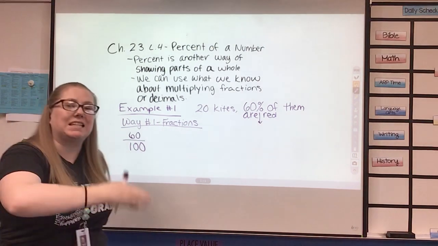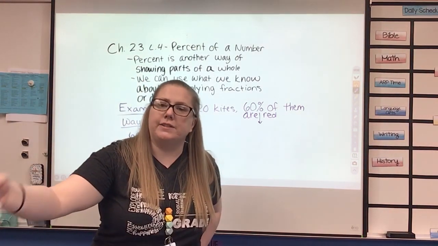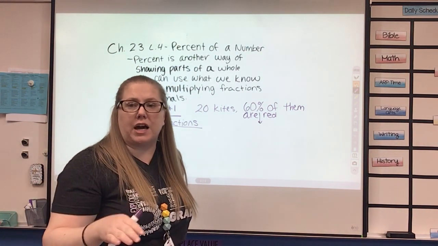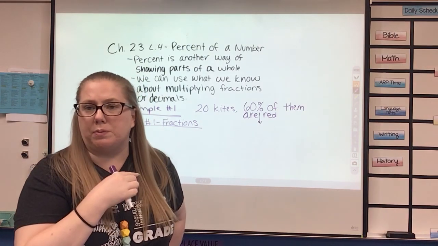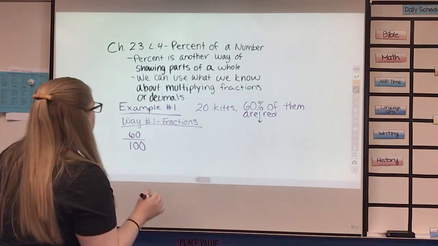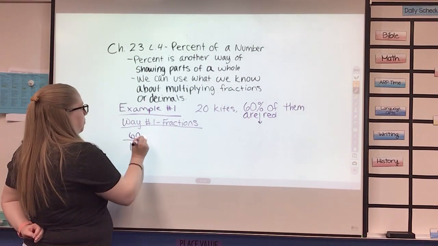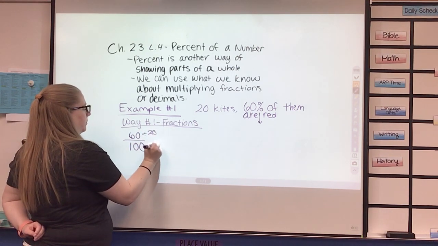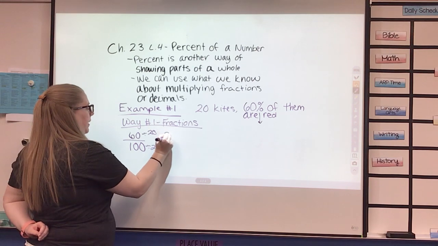Okay? Because it's 60 out of 100. 60%. Okay? And after I do that, I need to simplify because I don't want to multiply huge numbers like that. So I'm going to think 20, which makes this 3/5.